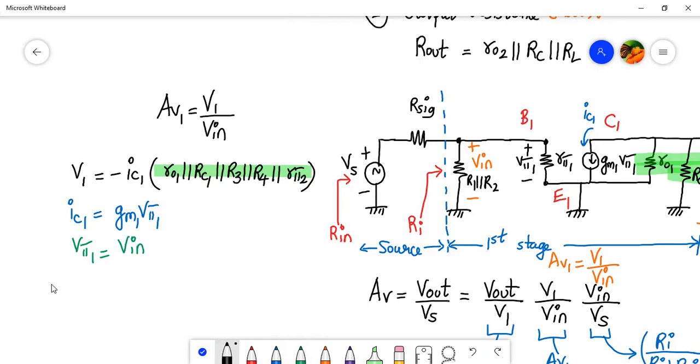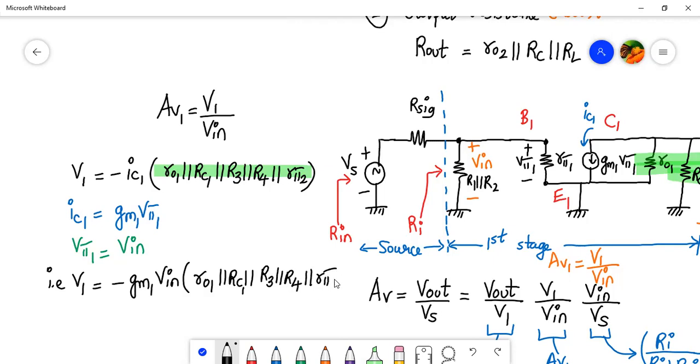So now if I want to write V1, I can write V1 is equal to minus of, instead of IC1, I'll write GM1 into V pi 1. Instead of V pi 1, I'll write V in. And I'll write all the 5 resistances which are there over here: R01 parallel to RC1, parallel to R3, parallel to R4, parallel to R pi 2.